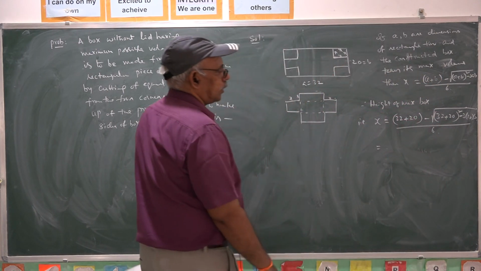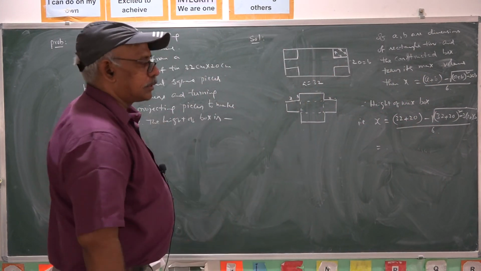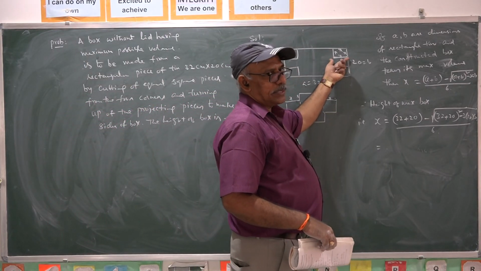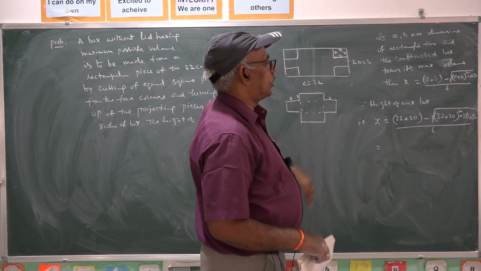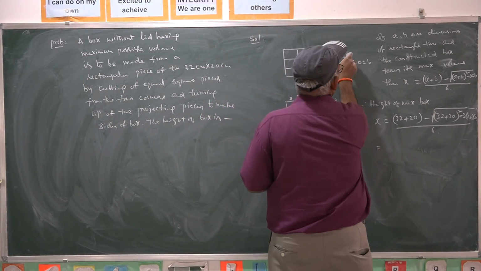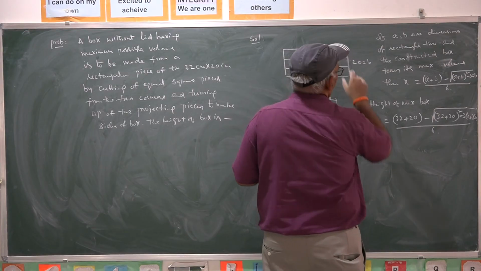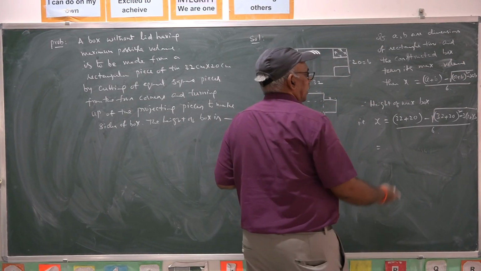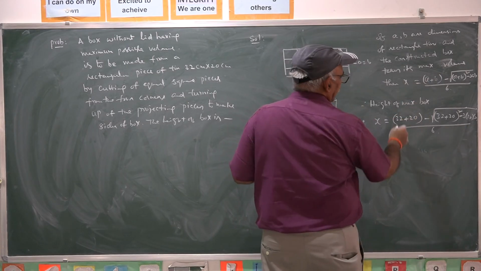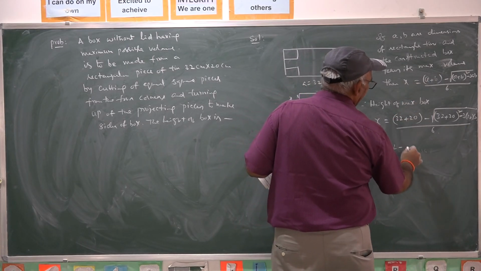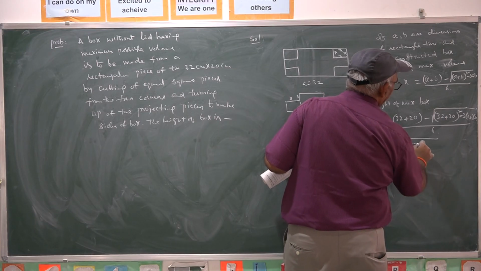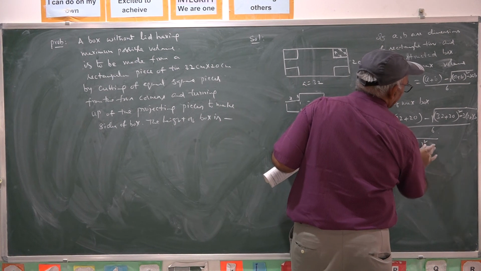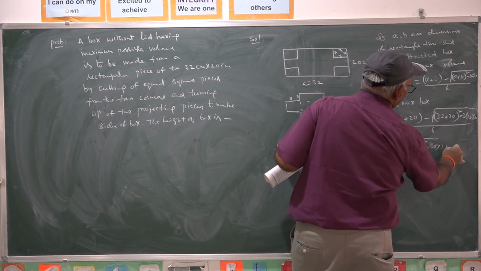This is our formula for getting the height of the box, that is, the side of the square piece cut off from the corner.